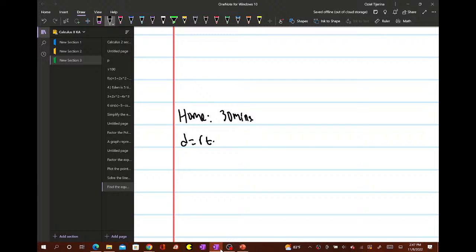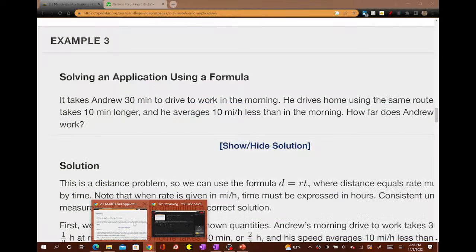And that rate has to be in miles per hour. So really, rate equals distance over time.